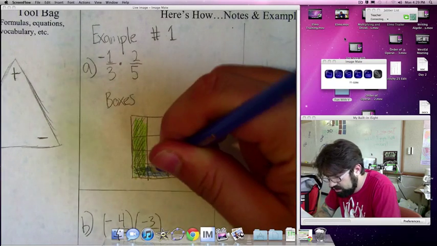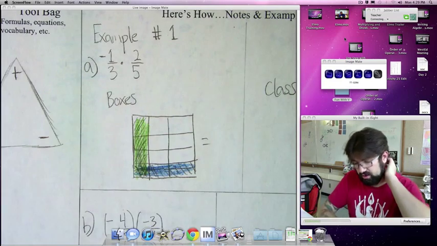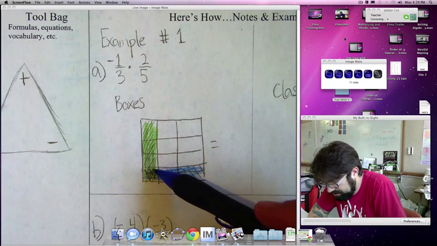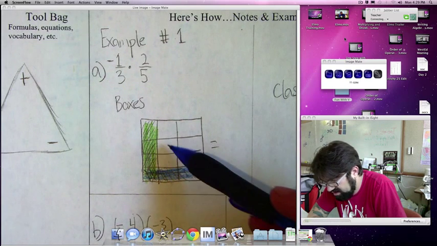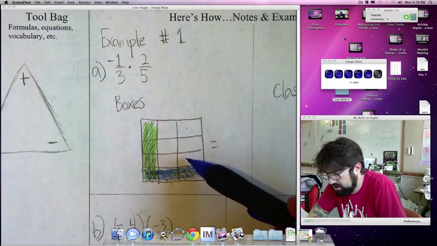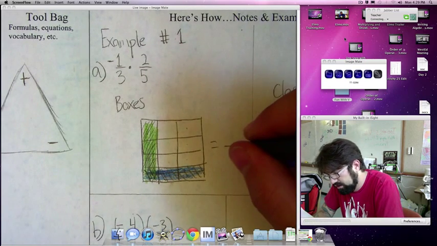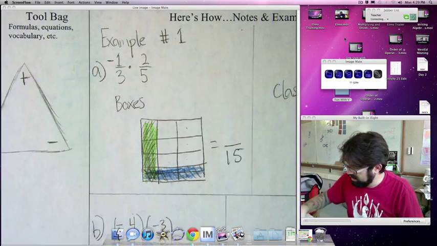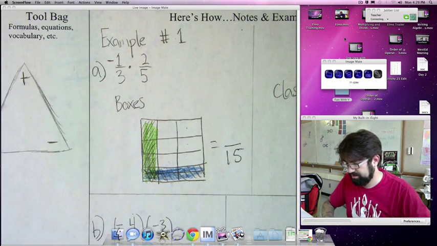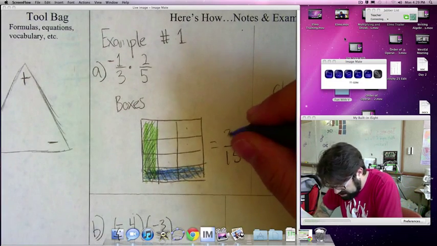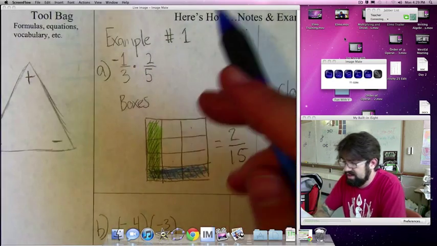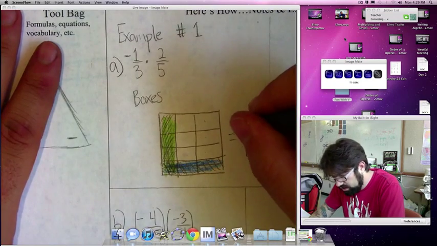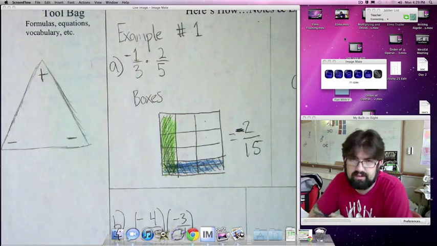And now I'm going to go through and count how many boxes I have: 1, 2, 3, 4, 5, 6, 7, 8, 9, 10, 11, 12, 13, 14, 15 total boxes. And I have 1, 2 boxes that are both colors. And because I know it is a negative times a positive, and negative times a positive is definitely negative, the answer is negative 2/15.